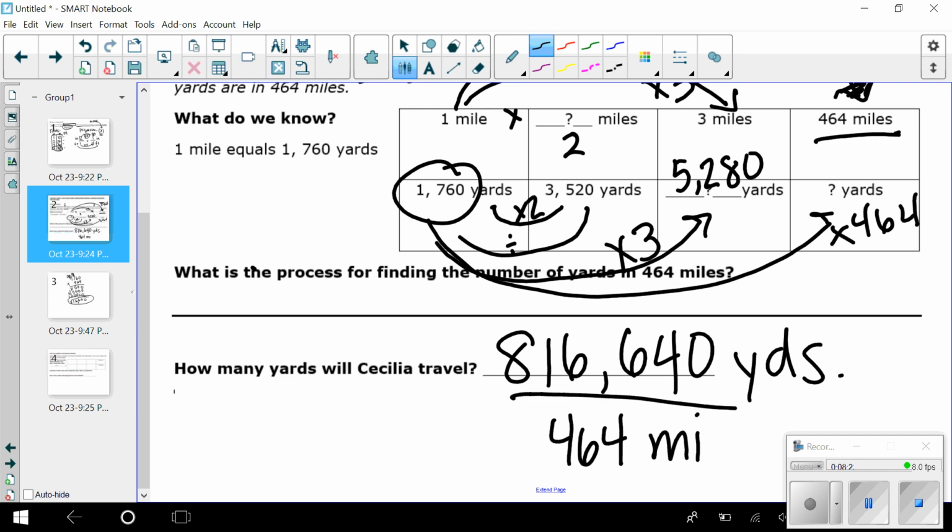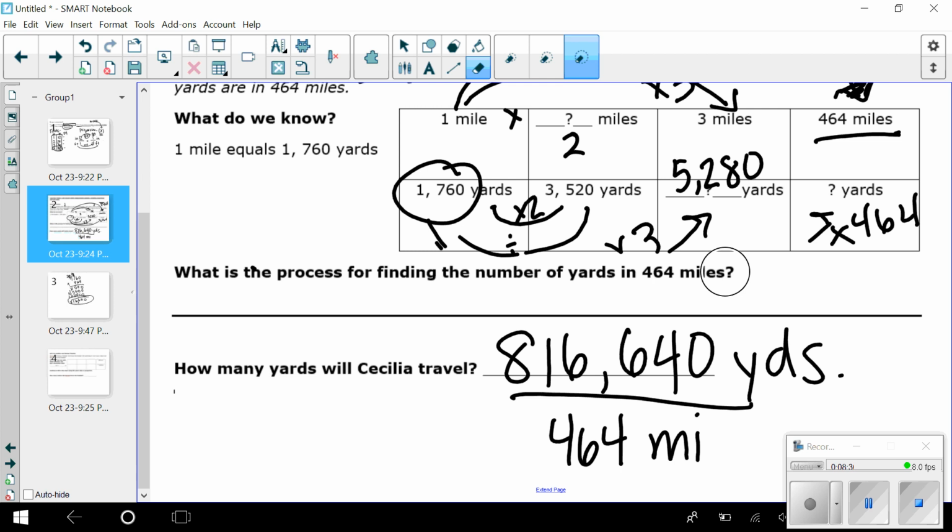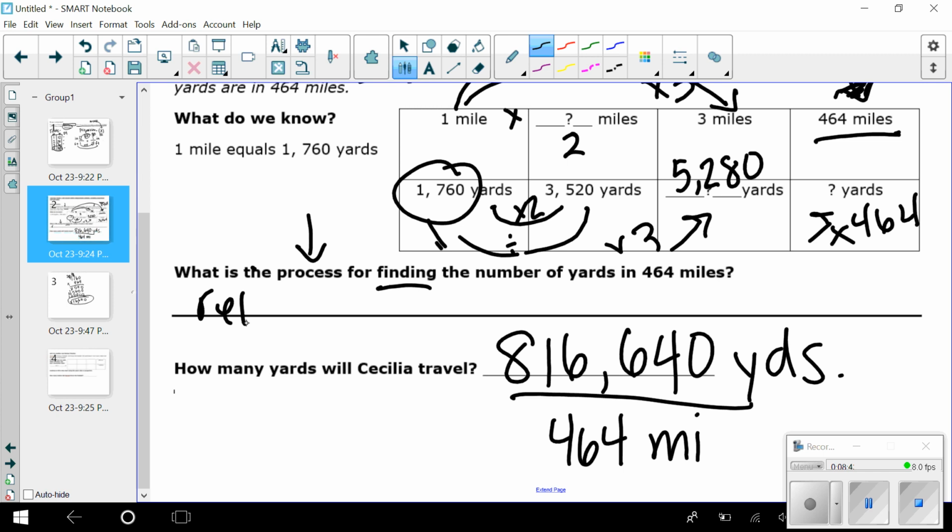So we have an equivalent ratio, right? What is the process? The part that you need to do here, and you can pause the video, is describe the process. Process means what were the steps, right? What did you do to find the number of yards in 464 miles? Well, you can use words like relationship, right?